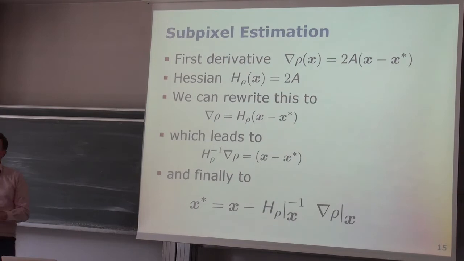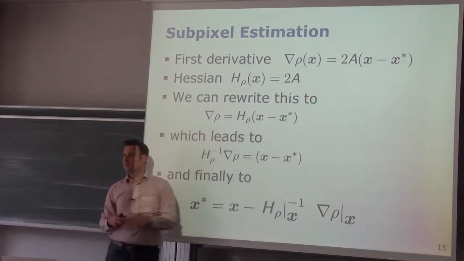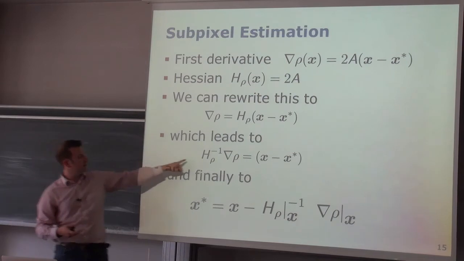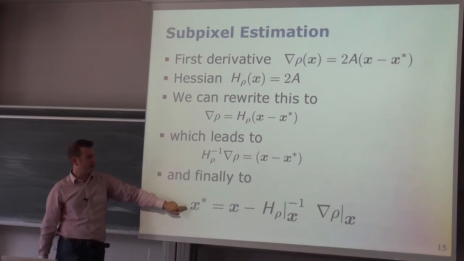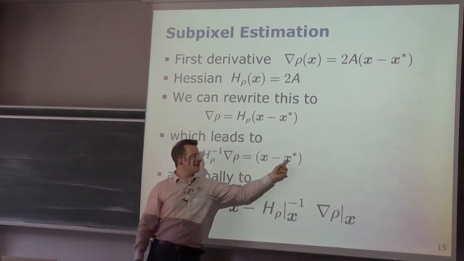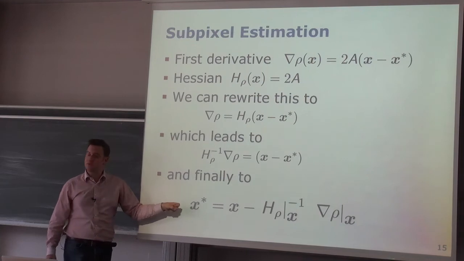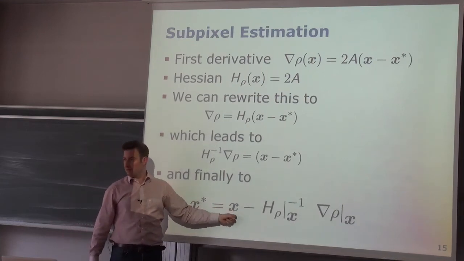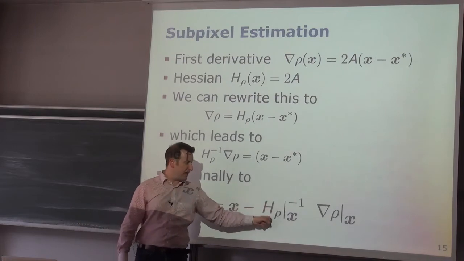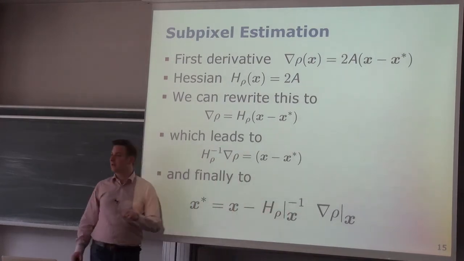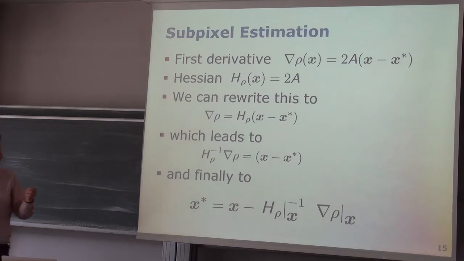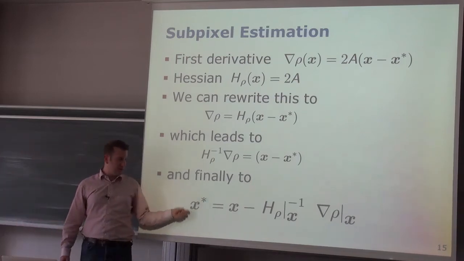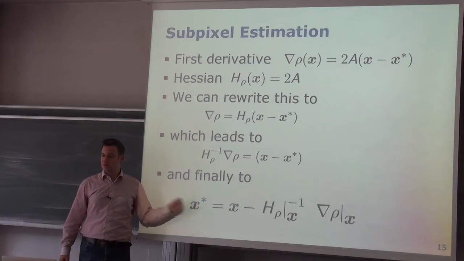Now I can multiply from the left-hand side by the inverse of the Hessian, so the H inverse disappears here, and then I move x star to the other side. Then I have the update rule: x star equals my input value x minus the inverse Hessian times the first derivative at that location. And this updates my estimate of the shift in x and y to a subpixel precision, which is the maximum of that function.